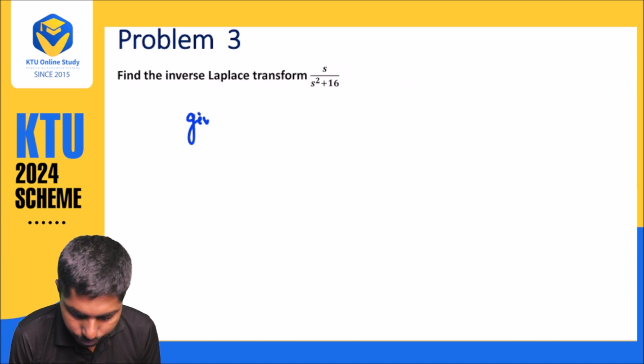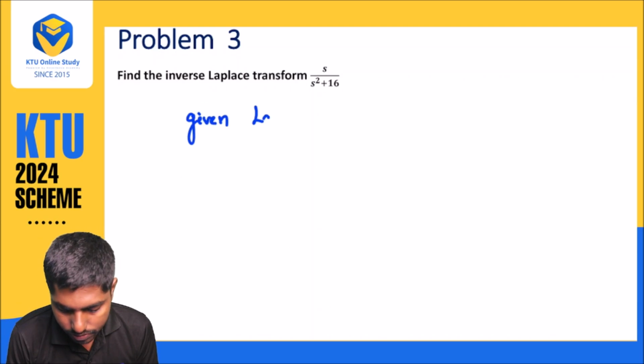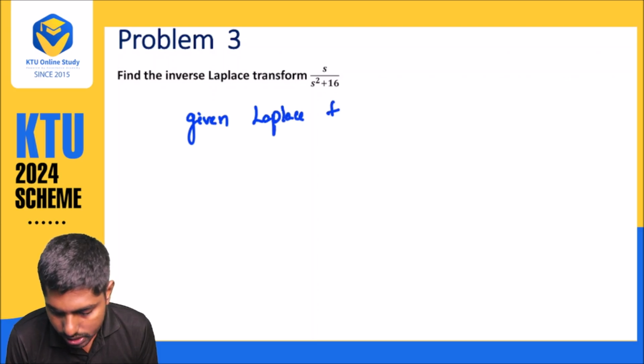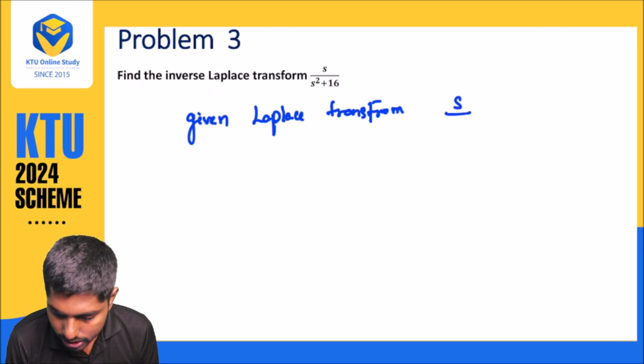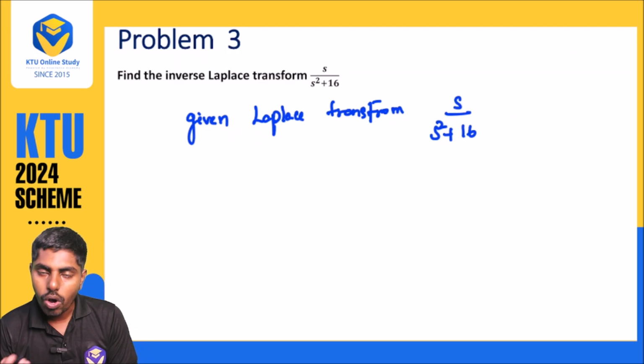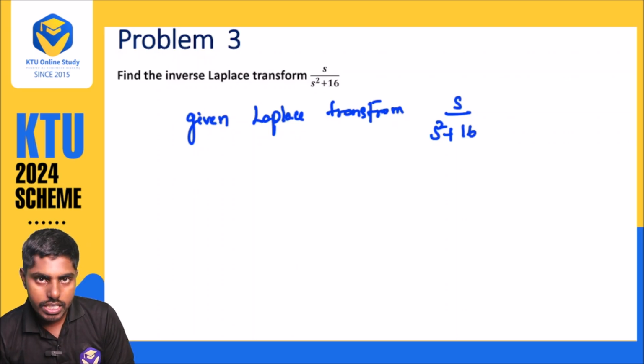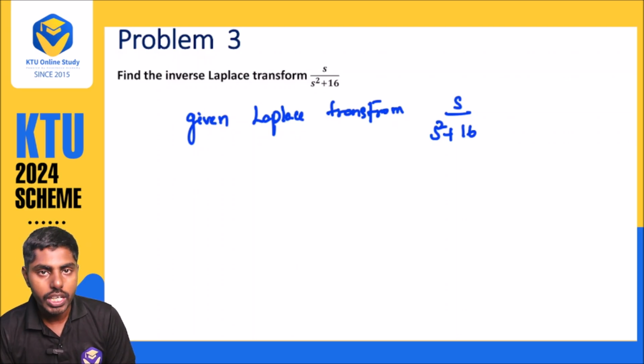So given the inverse Laplace transform of x divided by x square plus 16. So whenever x is coming in the numerator, what should strike in your mind? It is cos.